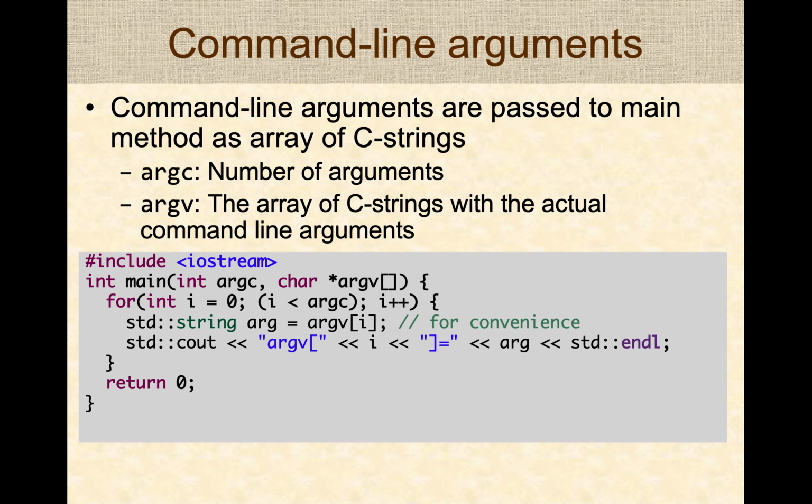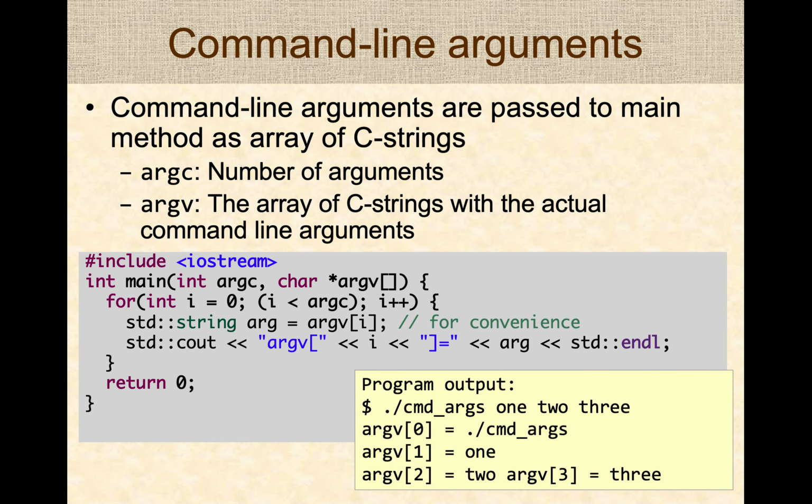In C++, the command line arguments are passed with two separate values. The first one is called argc, which is the count of arguments, which tells you how many arguments there are in the main method. The second parameter is called argv, which contains a list of the actual command line arguments passed to the main method.